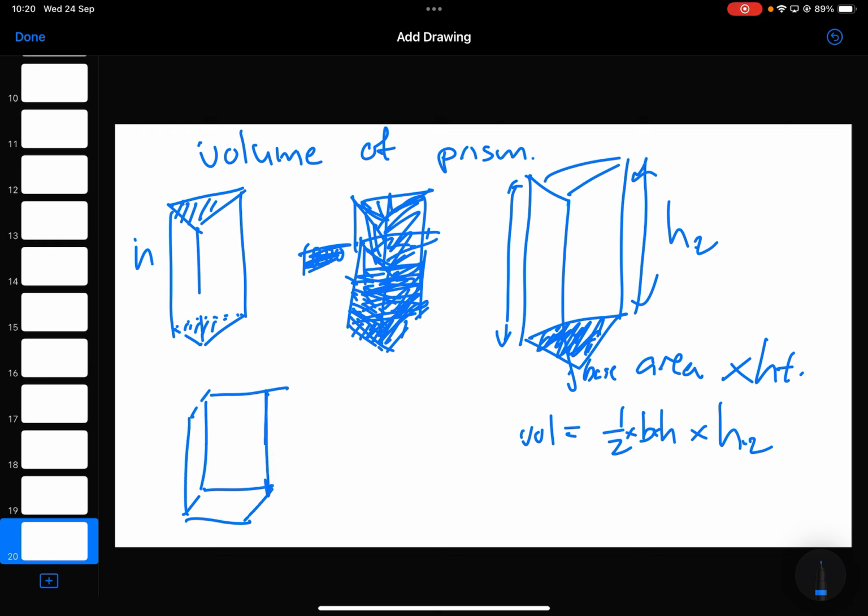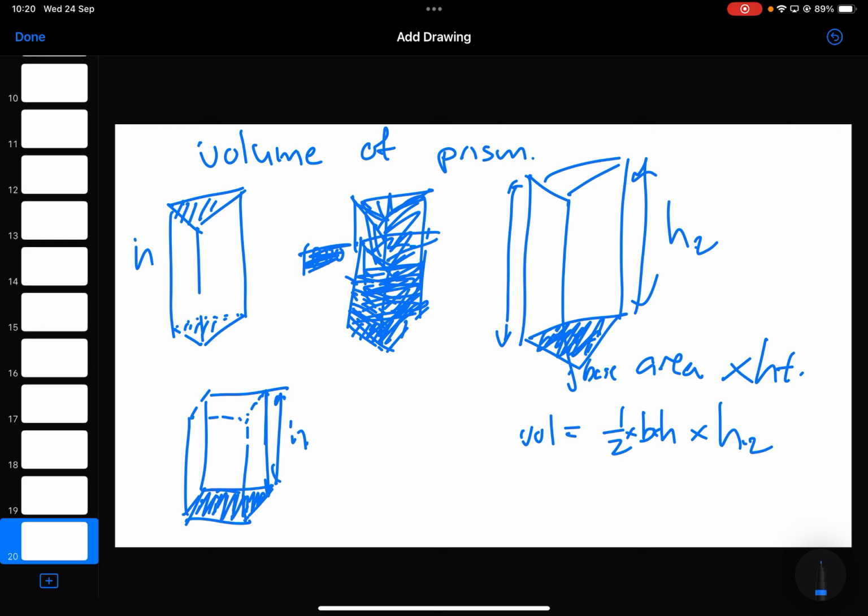If my prism has a square base, then the volume will be the area of the square multiplied by the height.